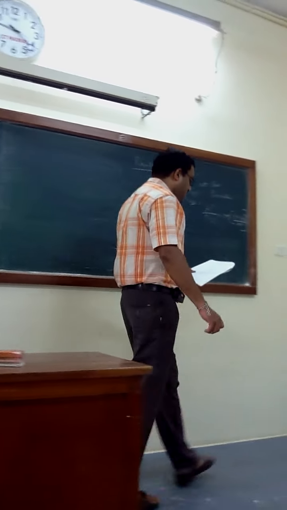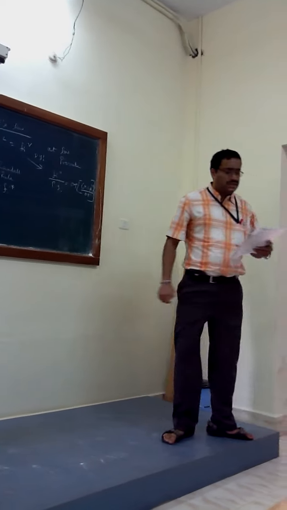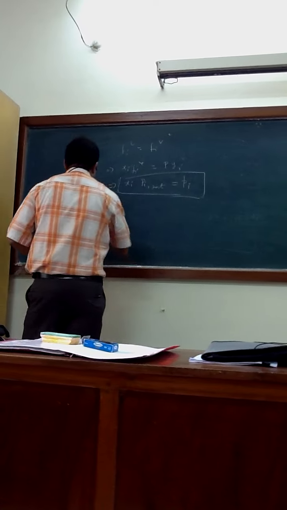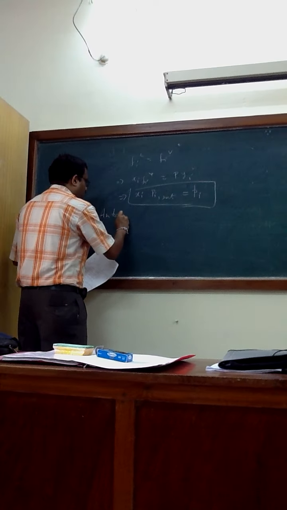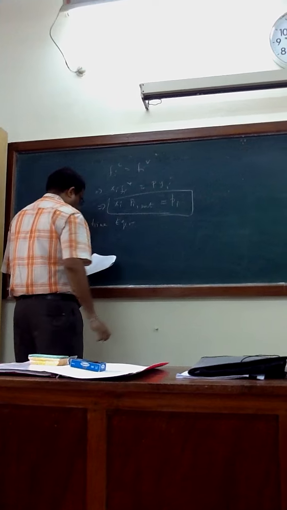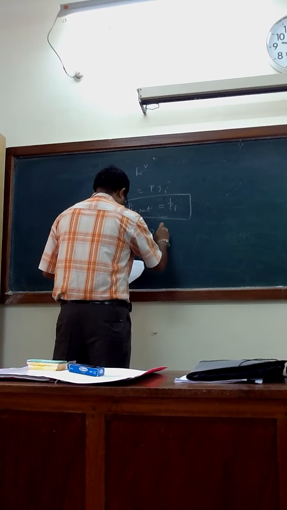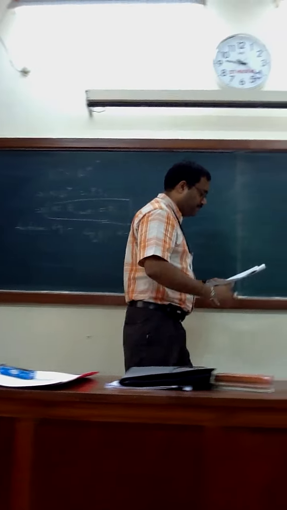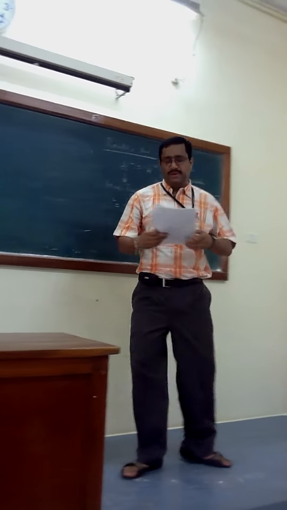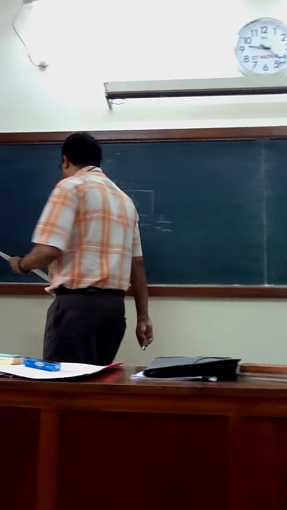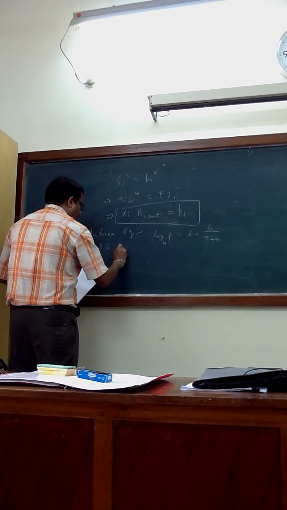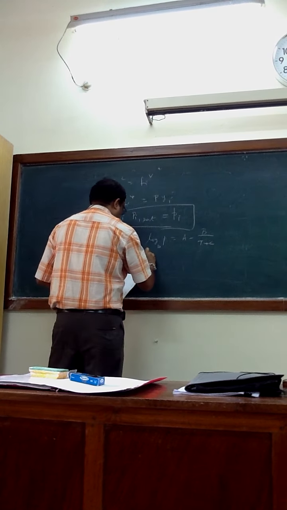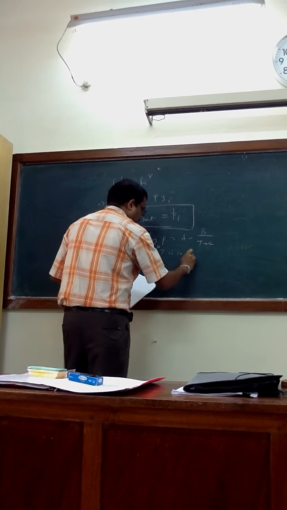The vapor pressures of benzene and toluene are adequately represented by the Antoine equation, which is log10 P equals A minus B by T plus C, where P is in torr and T is in degree centigrade.